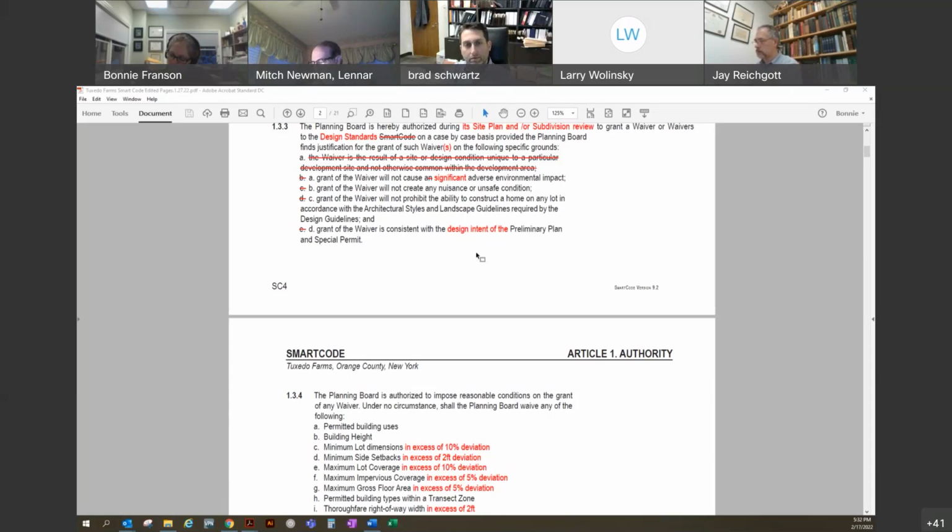The board would then look at that and say, well, Lennar, explain why there's a particular circumstance that you want to do this, and explain that it will not cause an environmental impact, an unsafe condition, nuisance, and explain that it's consistent with the design intent. So we'd have a bit of a hurdle to get there if it was simply to add a room to the side of a home. And I might anticipate the board might say no, but at least this gives me the ability to have the conversation. Well, you can always have the conversation.